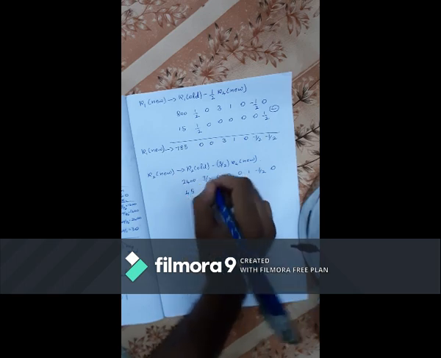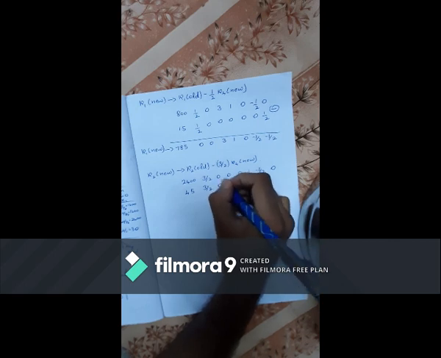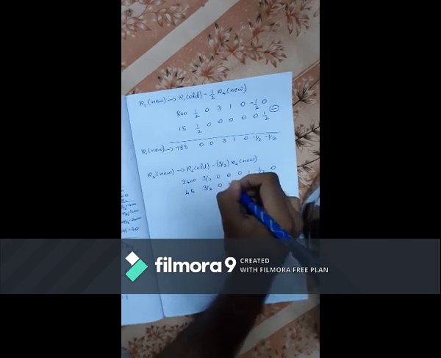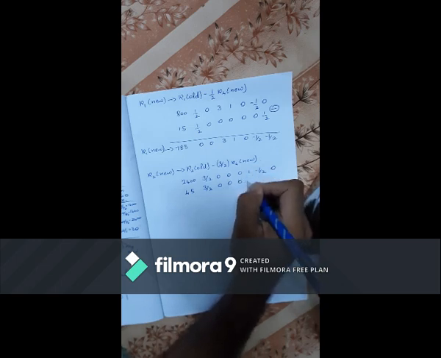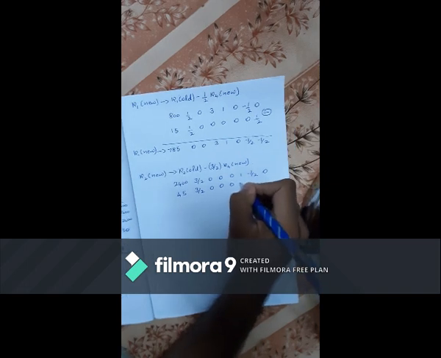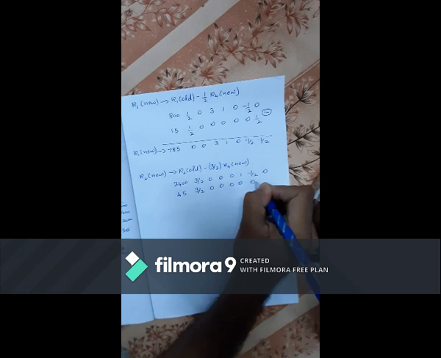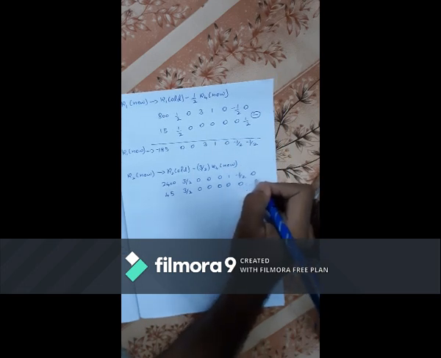Next is 1 into 3 by 2, which is 3 by 2. Next is 3 by 2 into 0 is 0. 3 by 2 into 0 is 0. 3 by 2 into 0 is 0. Then 0 into 3 by 2 is 0. Then 0 into 3 by 2 is 0. And 1 into 3 by 2 is 3 by 2.